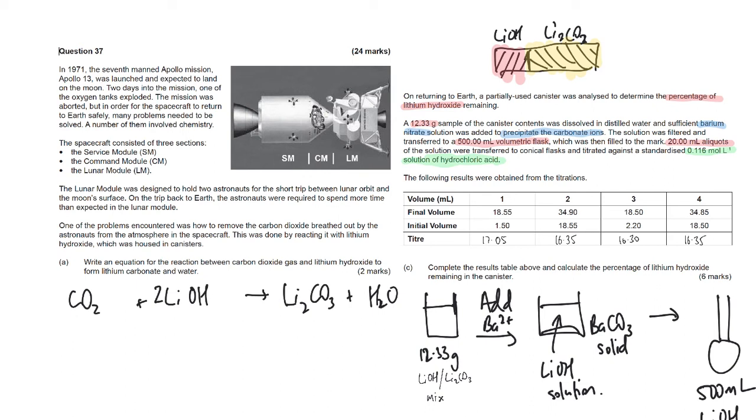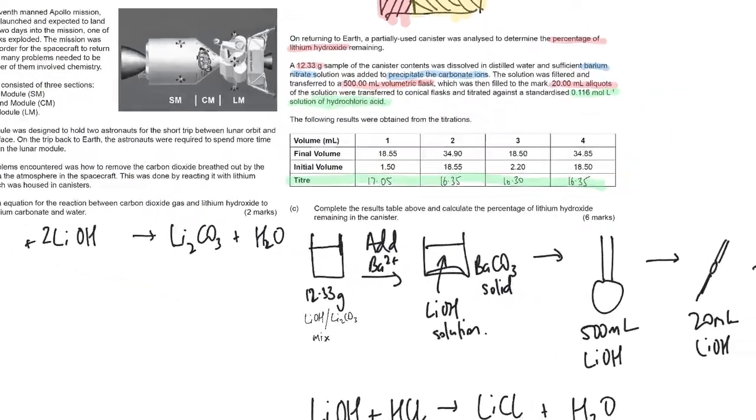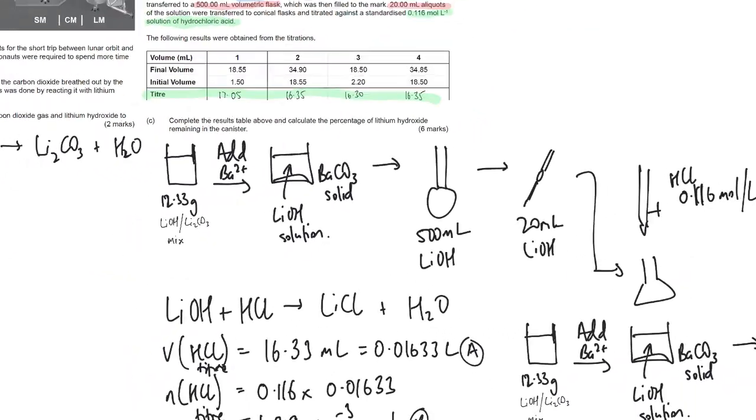So if this is the titer, it has to be whatever's in the burette, which we can work out as hydrochloric acid, because the 20 ml aliquots of the lithium hydroxide solution are in the conical flask. So this titer is hydrochloric acid.